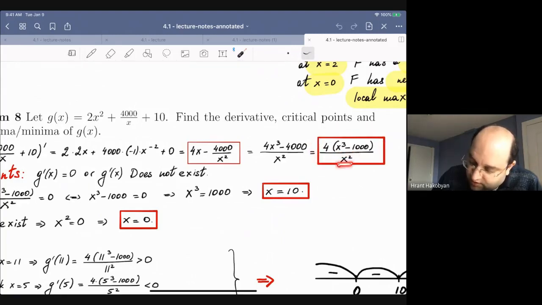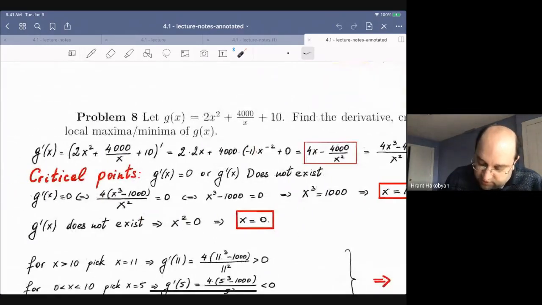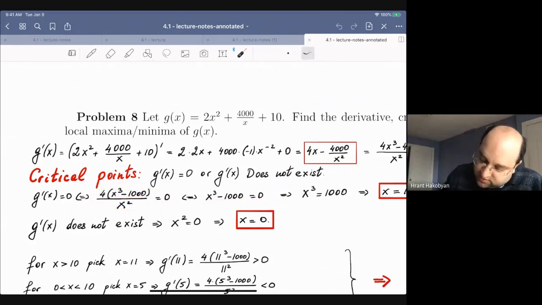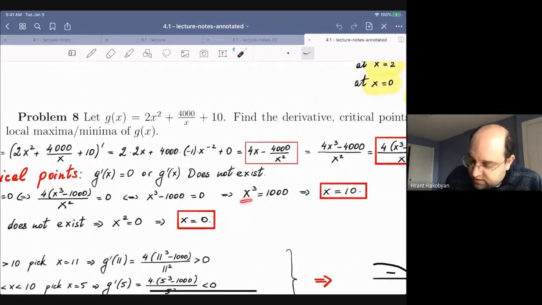So I have to check this point here. The critical points here are also the points where the derivative is 0. Well, this fraction is 0 if the numerator is 0, right? So I take the numerator, set it equal to 0, and it turns out that x to the power 3 is equal to 1000, so x has to be equal to 10, right? 10 to the power 3 is 1000.